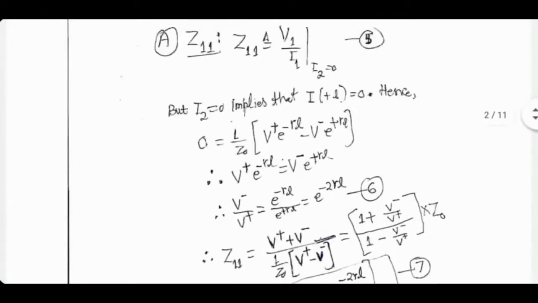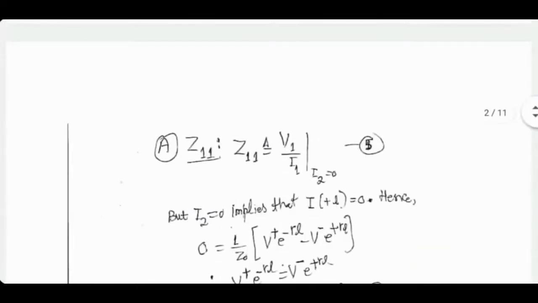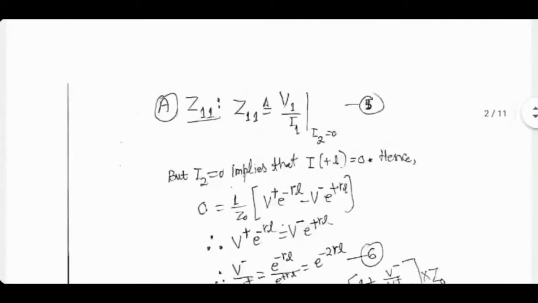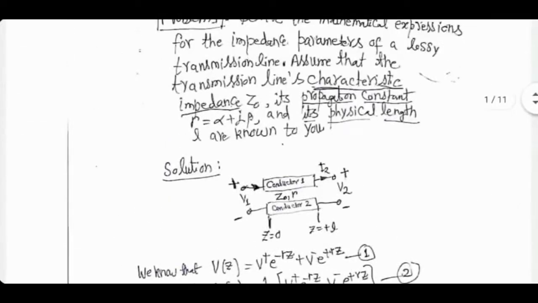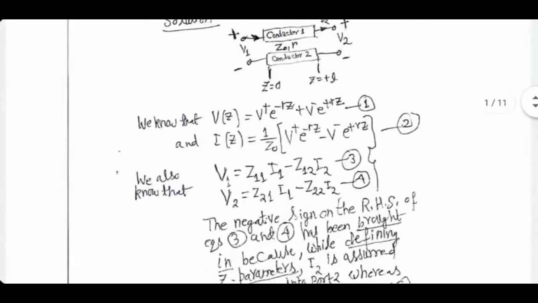Okay, now look at the very definition of Z11. It is V1 divided by I1. And V1 is simply V plus plus V minus because small z is 0. I1 is 1 divided by Z naught and the whole thing multiplied by V plus minus V minus because small z is 0 for port 1.